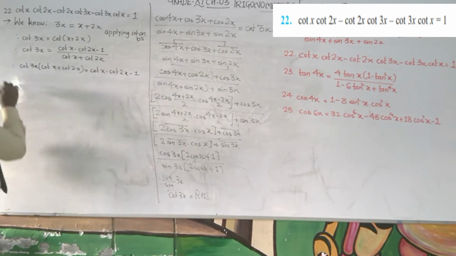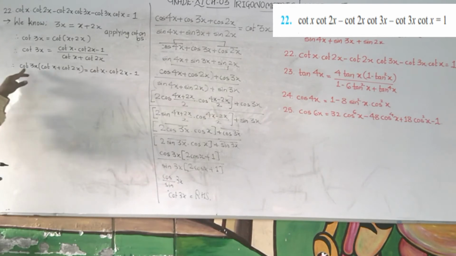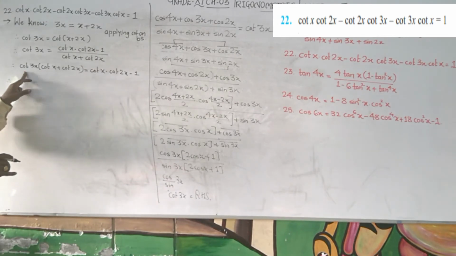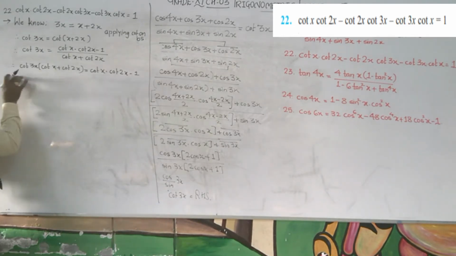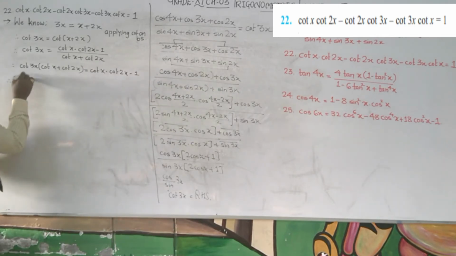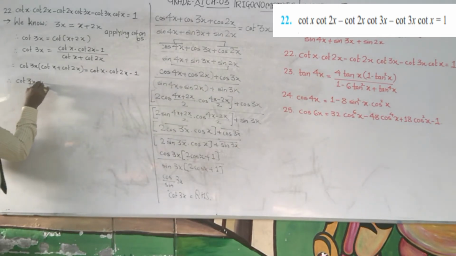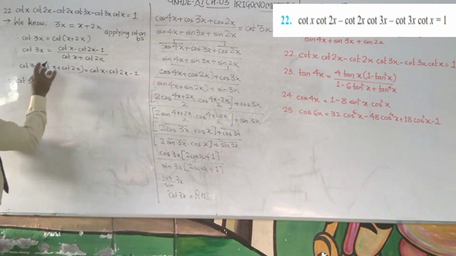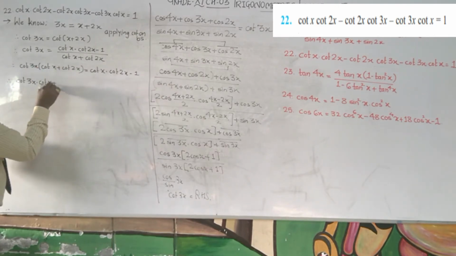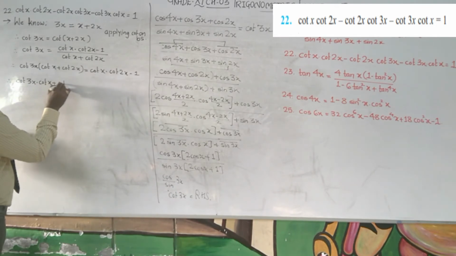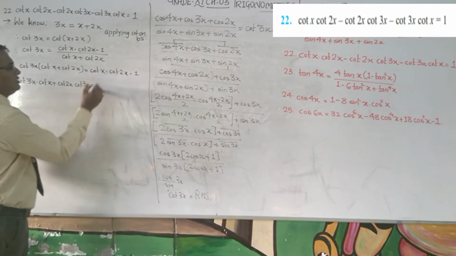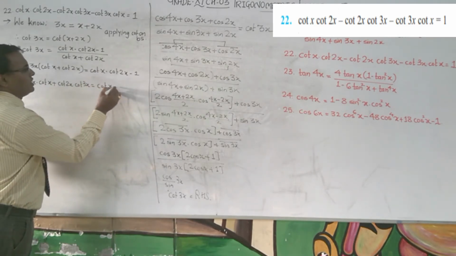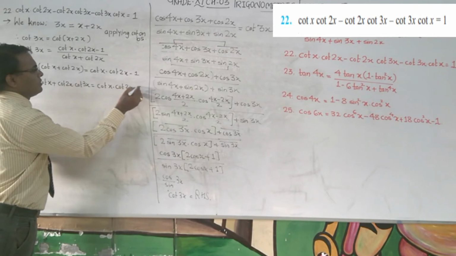Now first of all, we will multiply this one, that is cot 3x into cot x, and then cot 3x into cot 2x. So cot 3x into cot x, plus cot 2x into cot 3x is equal to, this will be as it is, cot x into cot 2x minus 1.